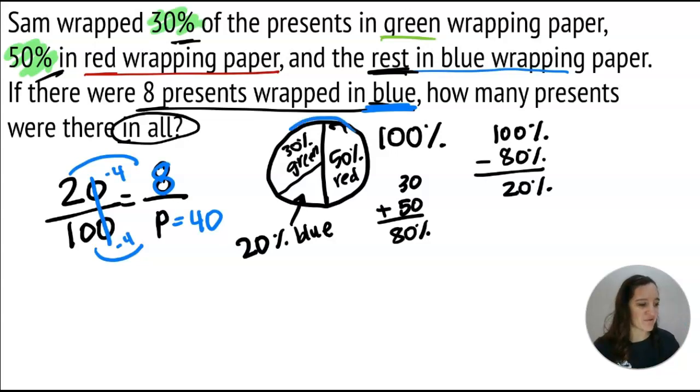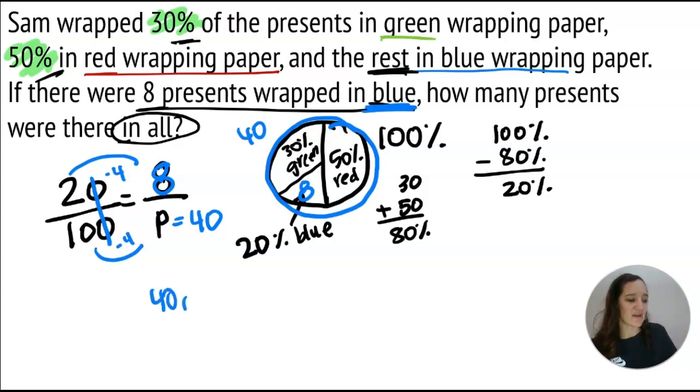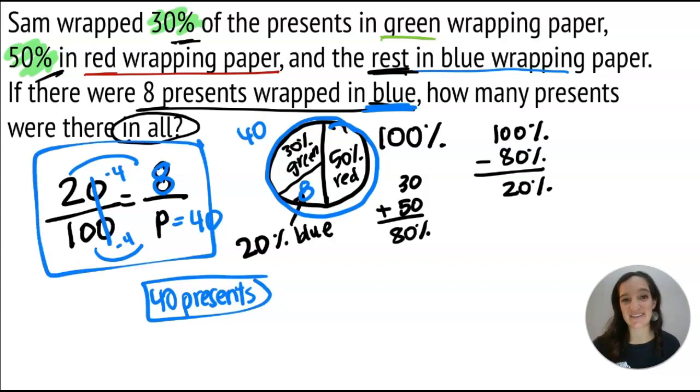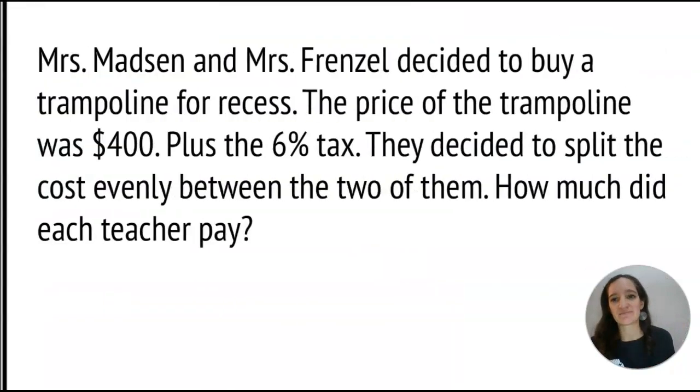Yeah, if there's 40 total presents all together, it makes sense that 8 of them are blue, and then we have green and red, and that would all equal 40 total presents. So that one was a little tricky because we had to do some work to even get to this part, didn't we? But we're able to. We have all the skills we need to figure that out.